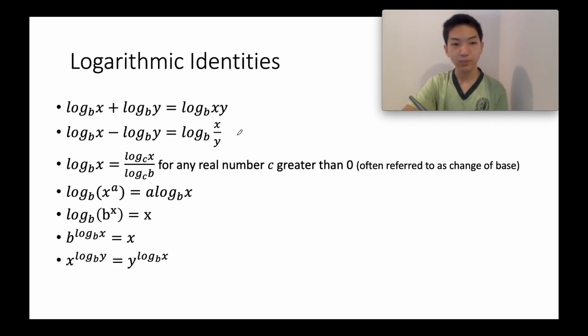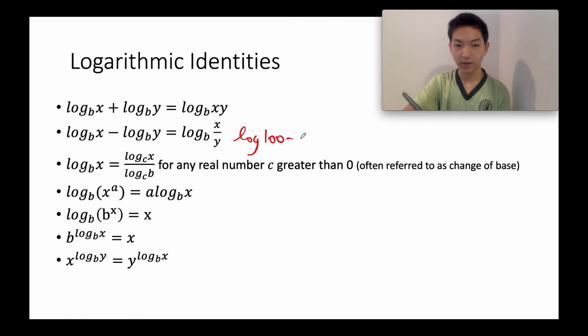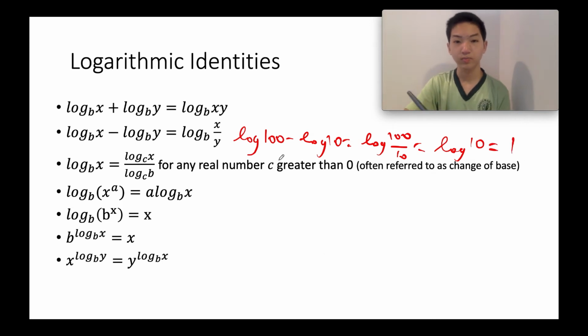So for example, if we had log 100 minus log 10, well then that would be equal to log 100 over 10, which is equal to log 10, which is equal to 1. We can also just evaluate this straight off. Log 100, we know that's 2. Log 10, that's 1, and we still get 1.